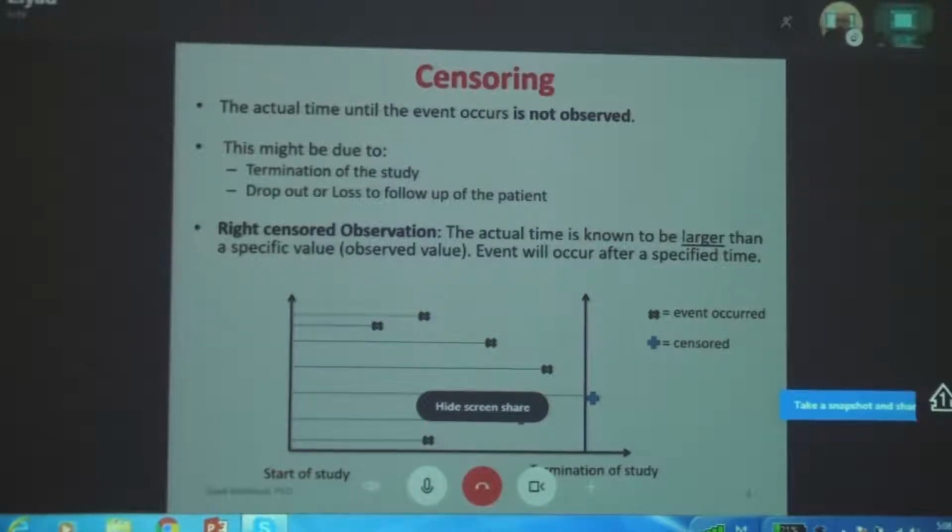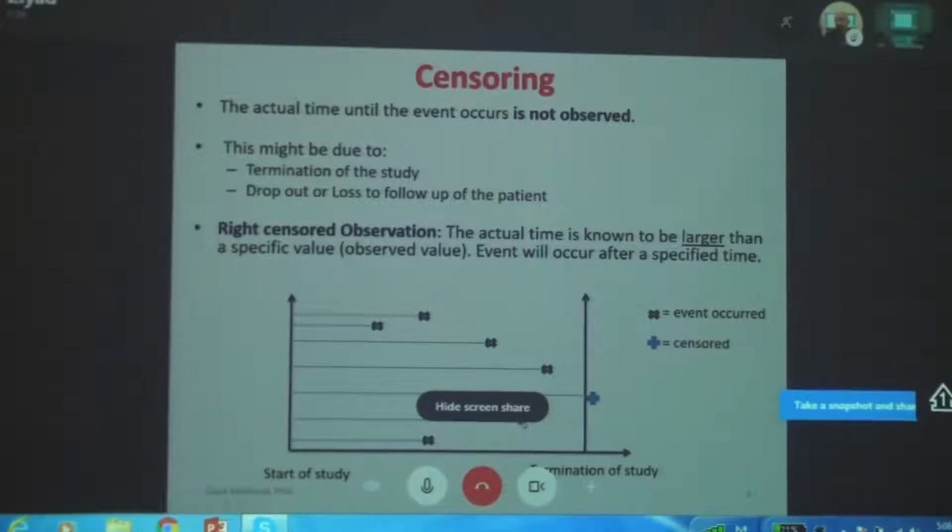If you look at the graph below, I have seven patients who started the study at the same time. For some of them, I know exactly their time until the event occurred. But a couple of them have a plus next to them. For these people, I know that up to that time they were alive, or the event did not happen up to that time.